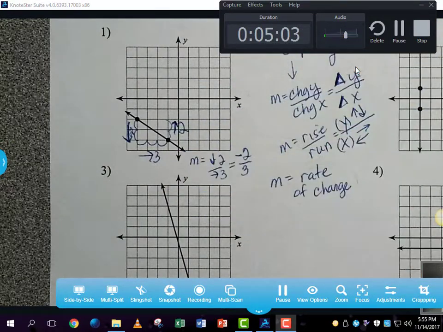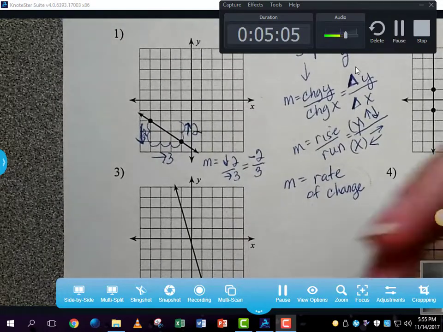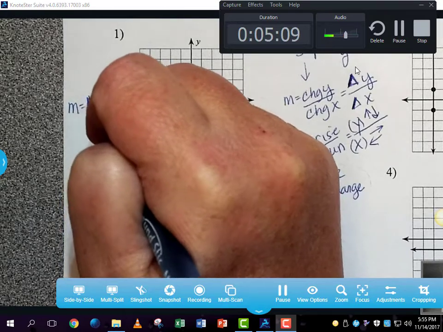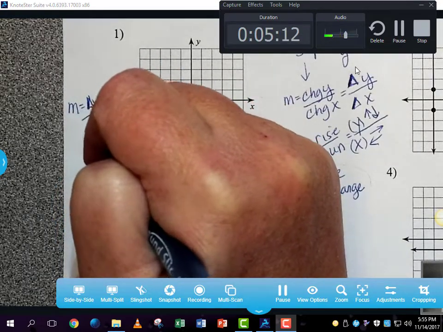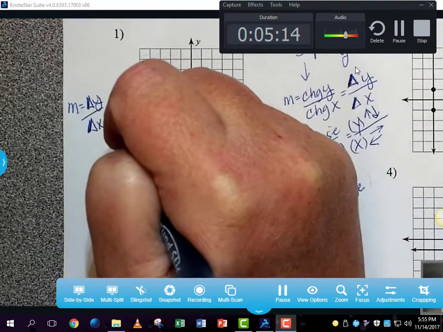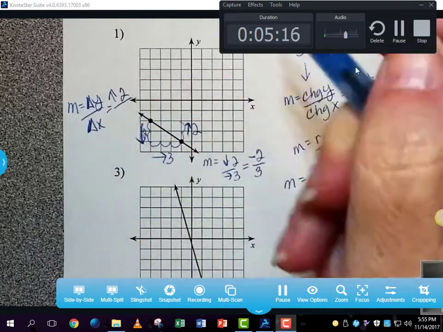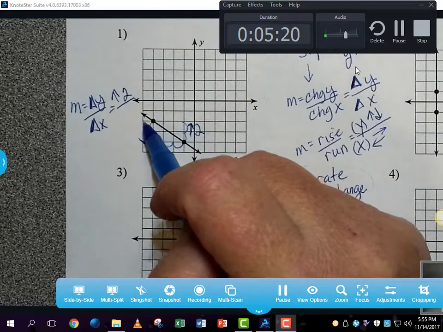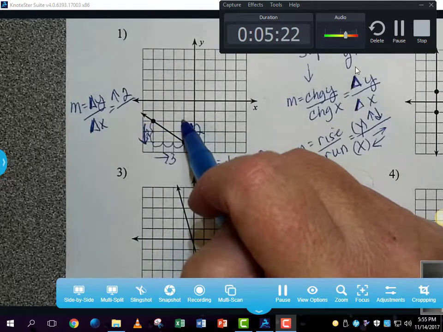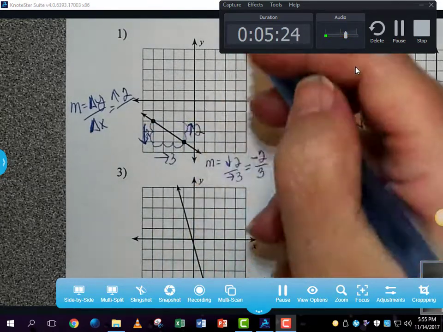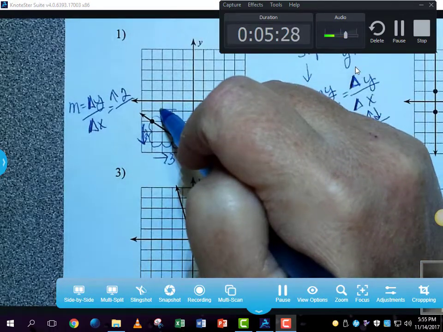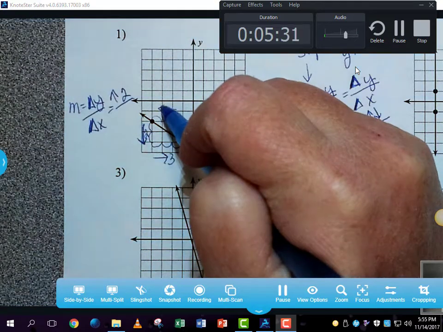So here, the slope, which is the change in y over the change in x, I have to go up by 2. That takes me to this grid mark, and then now I need to move over to here, and I would move 1, 2, 3. I would be moving left by 3.